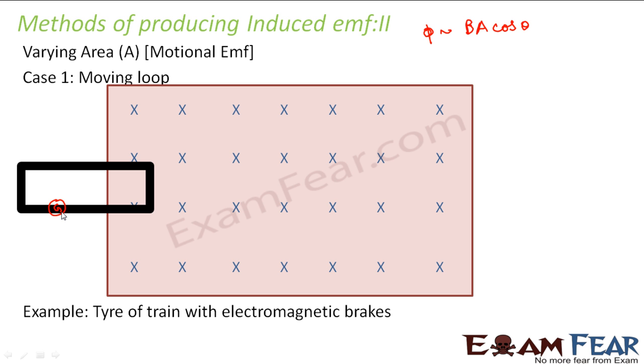When the entire loop is moving inside the magnetic field, there is no change in flux, therefore no current induced. Similarly, when the entire loop is moving outside the magnetic field, there is no change in flux, therefore no current induced. But at the boundary, since the area inside the magnetic field experiences a change, a deflection is observed in the galvanometer. That is, an induced current is set up in the rectangular coil.